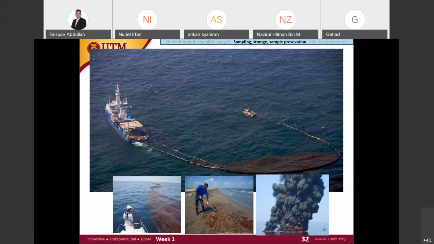In the water sampling process, there's a tool called a water sampler. Can anyone search for the water sampler, what it looks like, and send it into the WhatsApp group or the chat? Can we send a photo in the chat room?